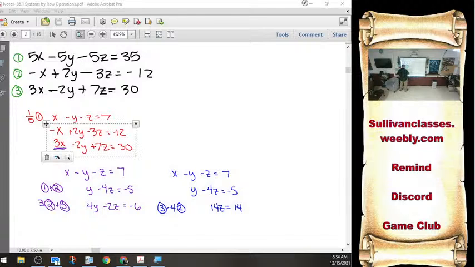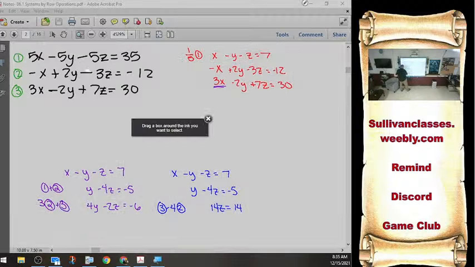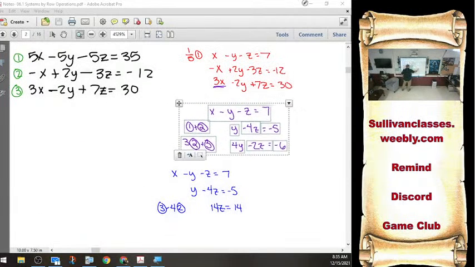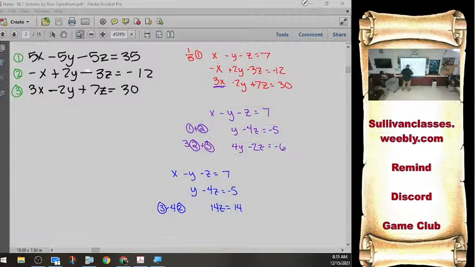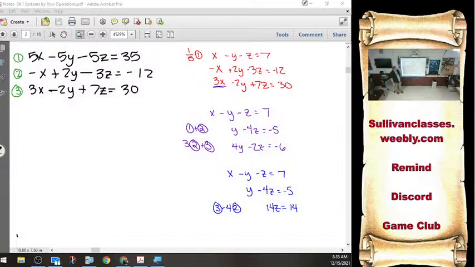Now, in 3 steps, I've taken my 3-variable system and brought it down into row echelon form. Now that I'm there, I can say z is 1. Bring that up to equation 2.